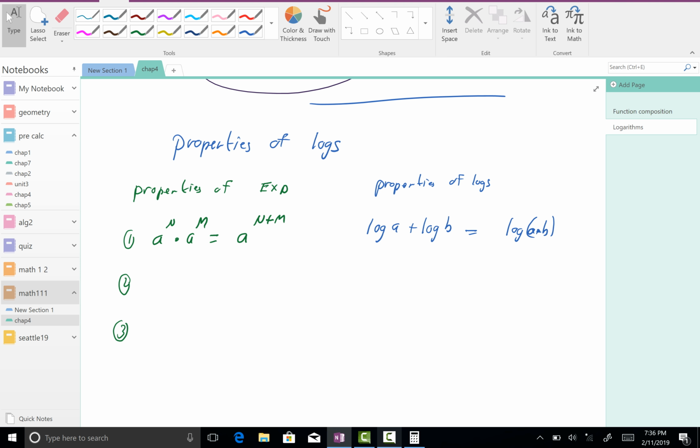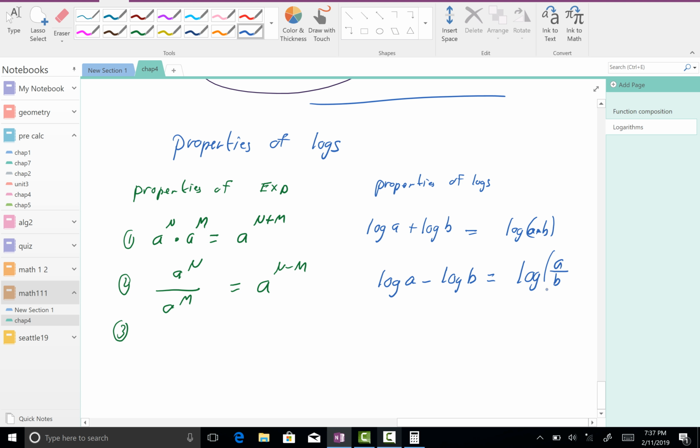Okay, so it's the same type of idea. So if we have a to the n over a to the m, then what do we do with those exponents? Subtract. So the corresponding log property is going to be like this. Log of a minus the log of b is equal to the log of a over b.